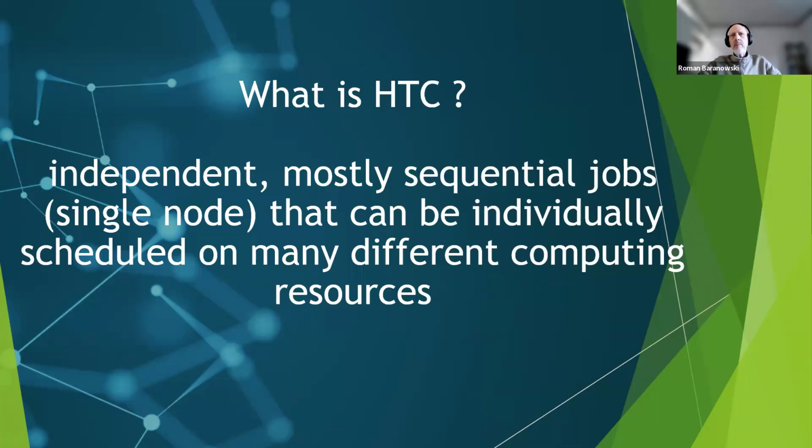If I have multiple nodes, multiple cores, multiple resources, I can start immediately not one, but 1,000 jobs. If the jobs are short, I can submit 10,000 jobs. And depending on the scheduler, which we'll talk about later on, this can speed up your research.